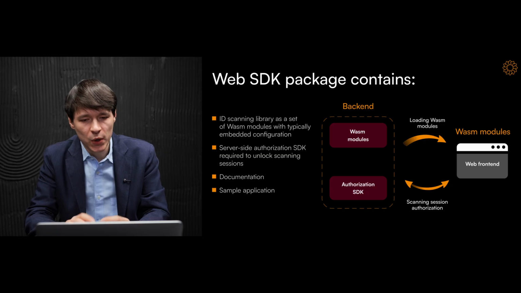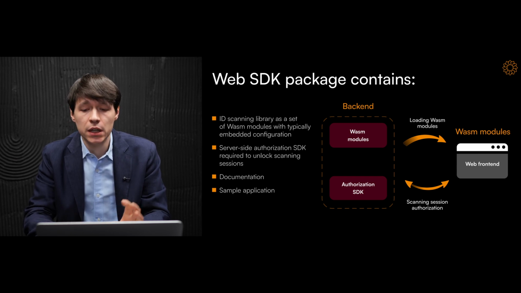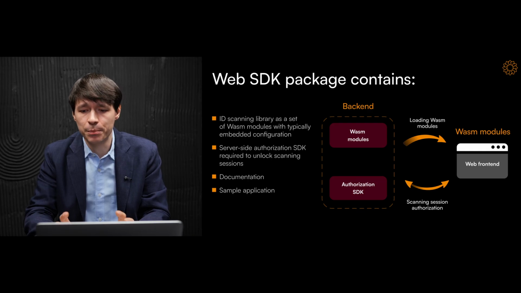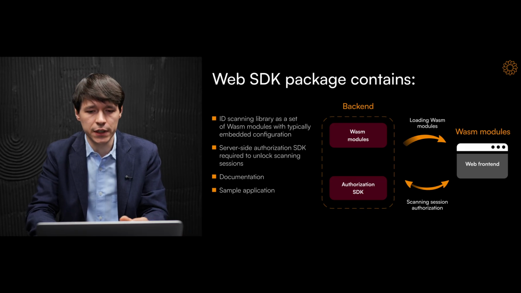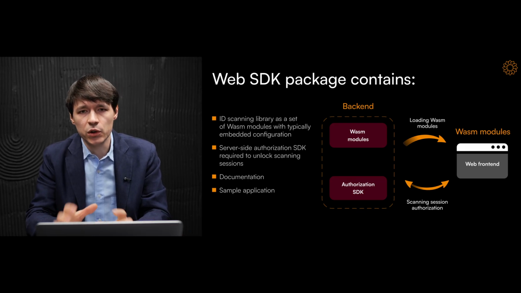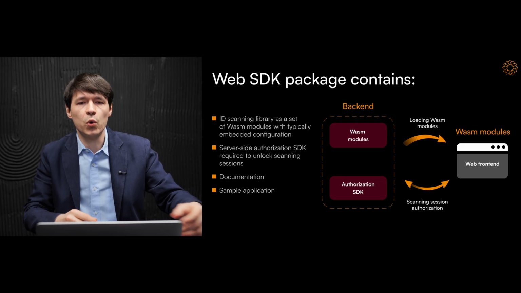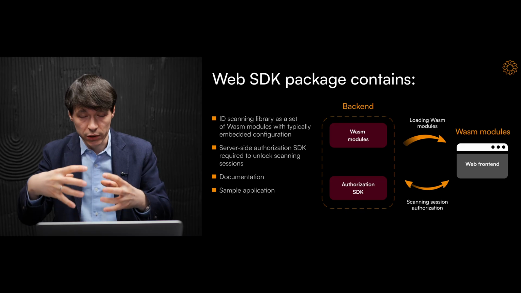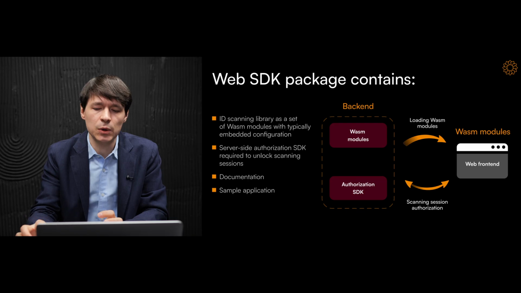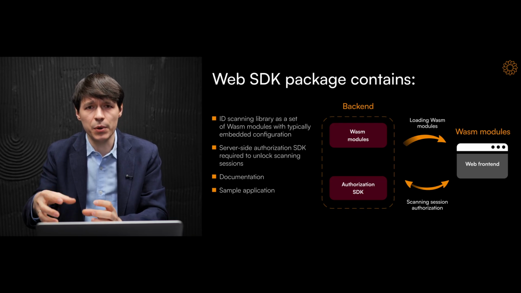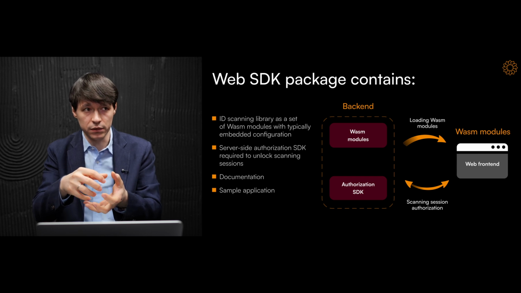So when integrating our Web SDK, there are several important differences compared to the mobile native SDK and the server SDK. First of all, the configuration, the file which defines what kind of documents are supported, what kind of objects you can scan, is typically embedded directly inside the WebAssembly binary. So the browser receives a single compact module which has everything it needs to scan.